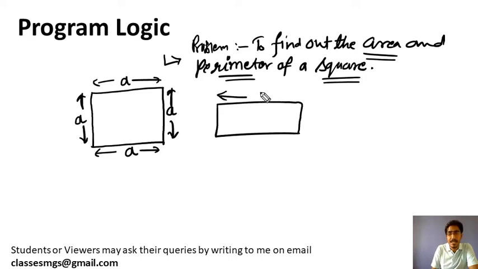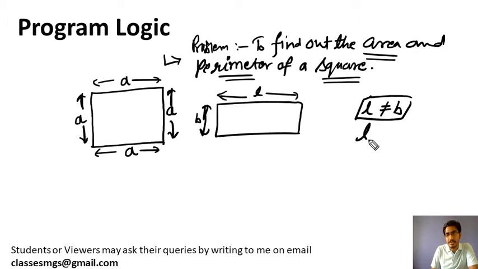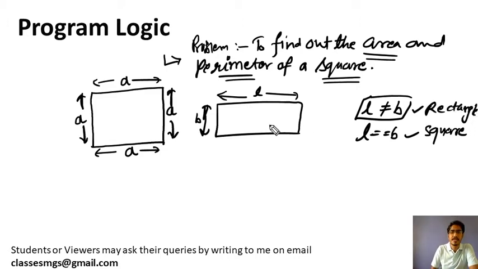This is the length L and this is the breadth B, then L will not equal B. If L equals B, that means this is a square, and if L is not equal to B, that means it is a rectangle. So this is basically the difference between rectangle and square. In a square, the length and breadth will always be the same.